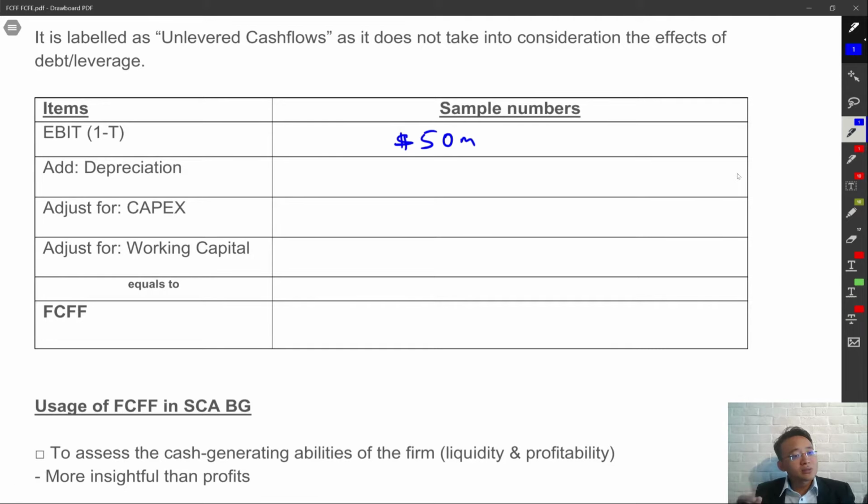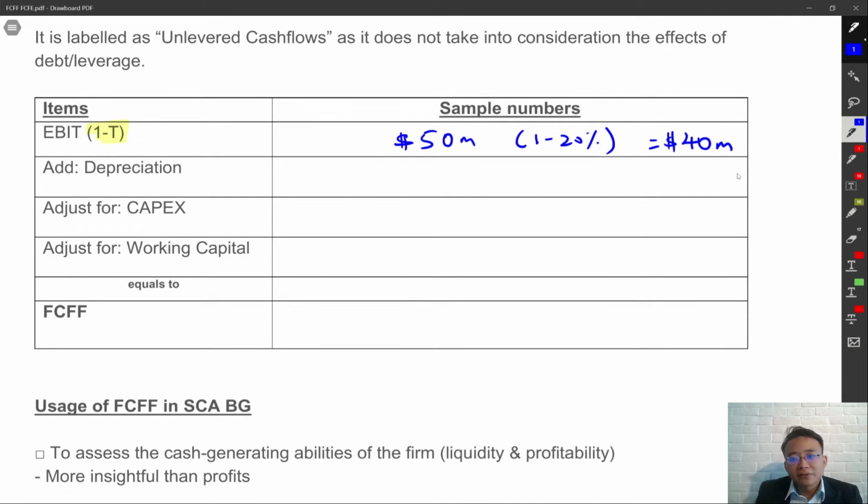Next, we take in the tax effect, 1 minus T, to tax that amount. Let's imagine our tax is 20%. So I'll put in 1 minus 20%. That means my first row will show $40 million.